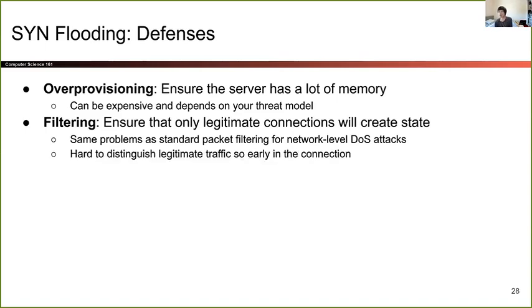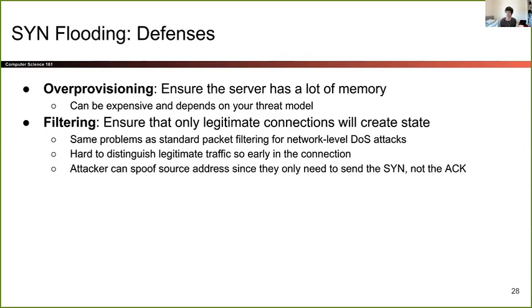It's even harder for us because in this case, it's hard to distinguish legitimate traffic. When you first receive a SYN packet, that's all you get. You can't know anything in that moment. Is this actually going to be a valid connection? Or is this going to be a SYN flooding attack? So it's hard to distinguish traffic so early on in the connection to know whether it's good or evil.